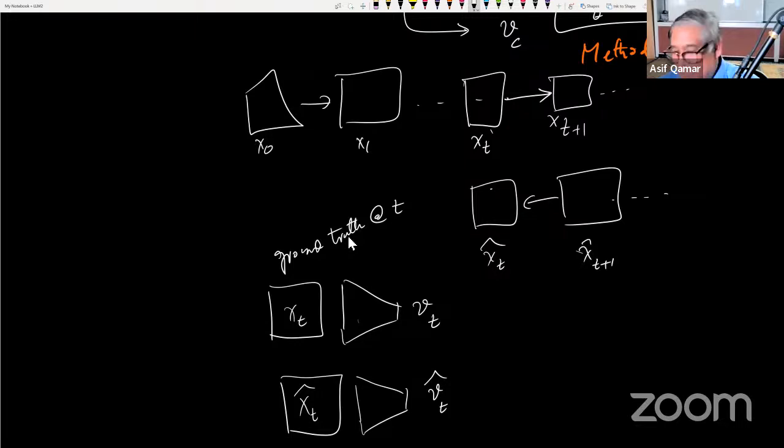Right? Now, let us say that vt is here, the ground truth vector is here, and you predicted a vector here. You know that even the ground truth is a bit noisy.